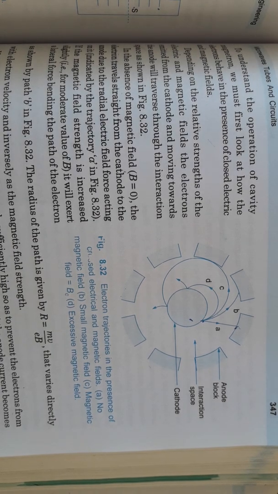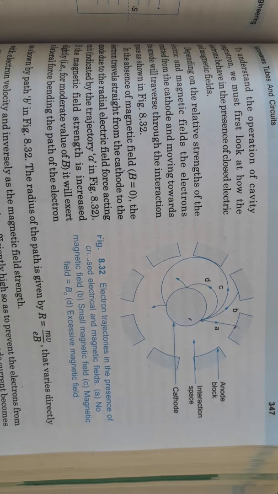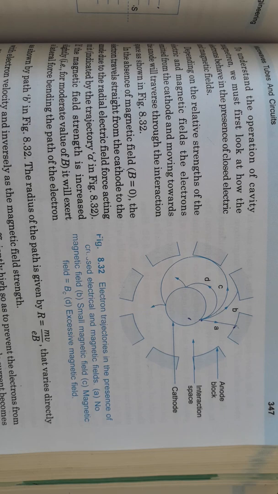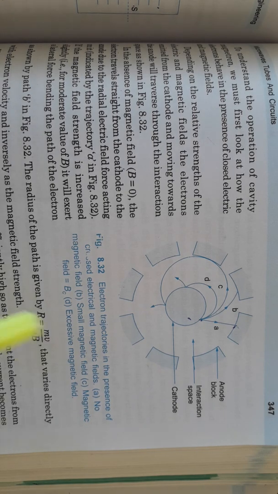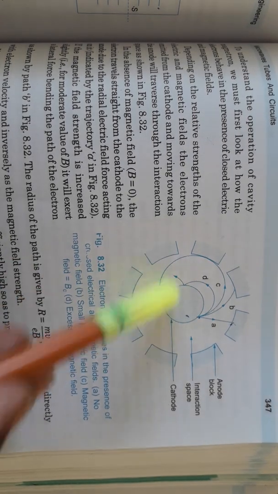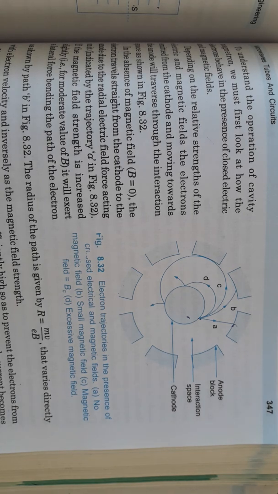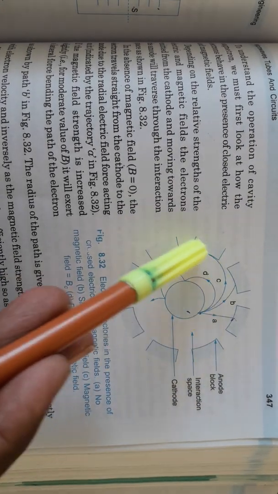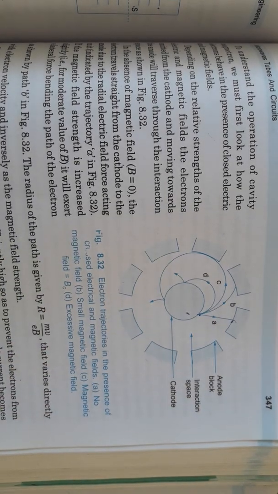Now the magnetic field required to return the electron back to the cathode, just grazing the surface of the anode, is called the critical magnetic field. So the magnetic field present over here is called the critical magnetic field, and because of this critical magnetic field, the electron will return back towards your cathode side.